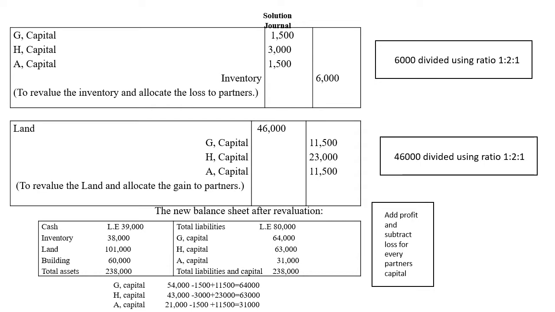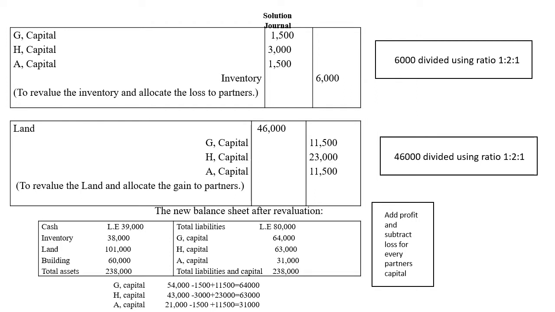And this 6,000 loss was divided between the partners according to the ratio of 1 to 2 to 1. 1 plus 2 plus 1, 4. So it's 6,000 times 1 over 4. We get the 1,500 part for G. 6,000 times 2 over 4.